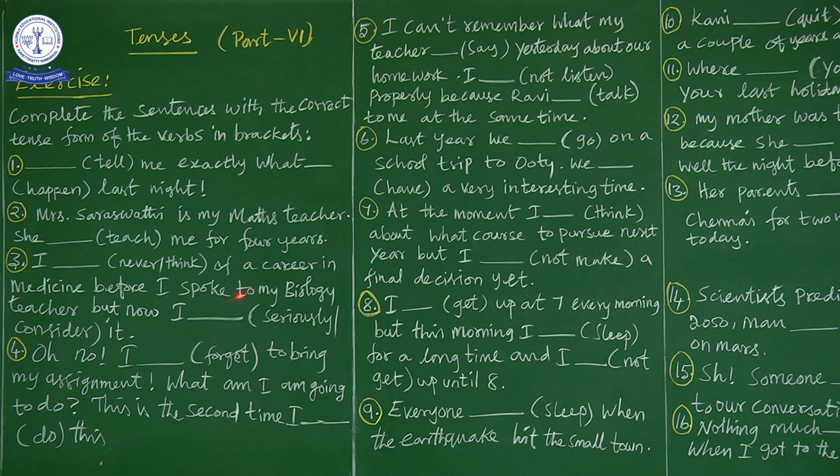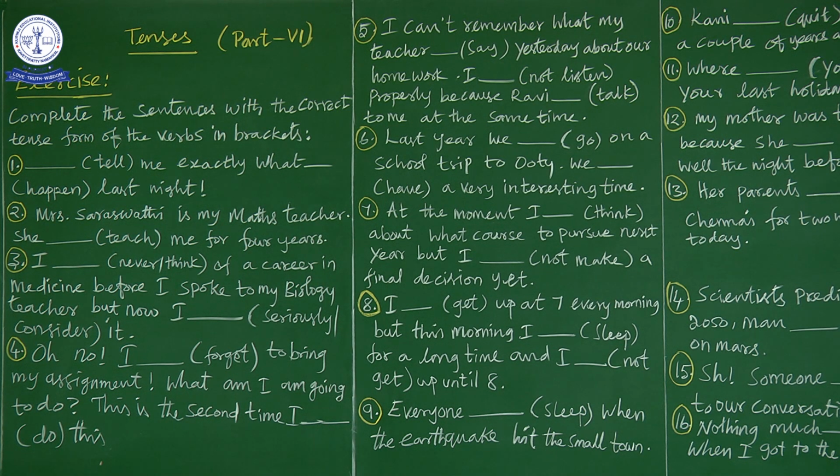So before I spoke to my biology teacher, I had never thought of a career in medicine. This part of the sentence is the earlier action, and this part, before I spoke to my biology teacher, is called the later action. So for the first part of the sentence we have to go for past perfect tense. What is the sentence structure for past perfect tense?